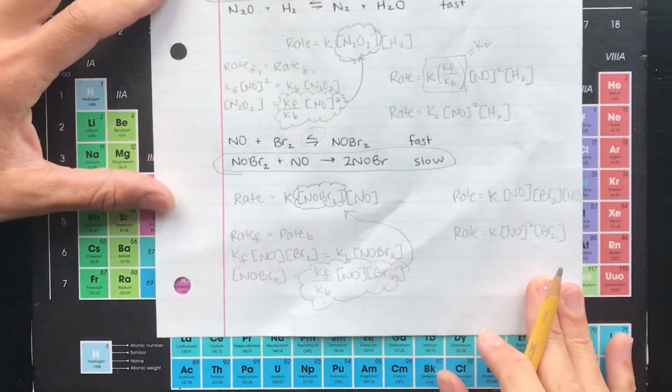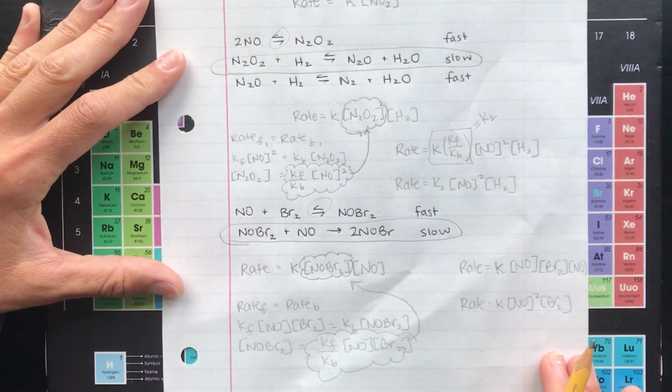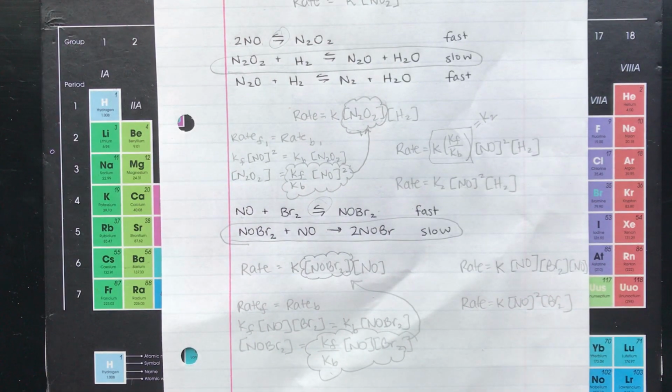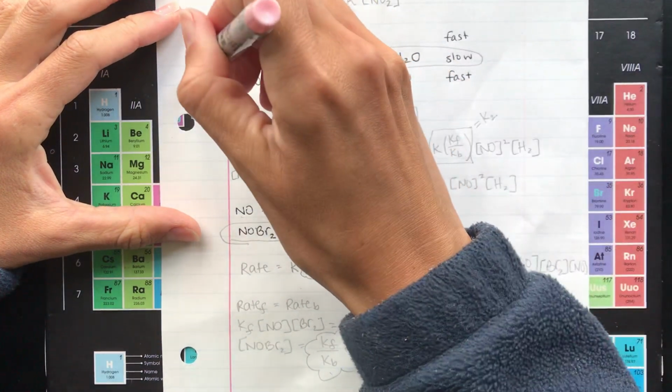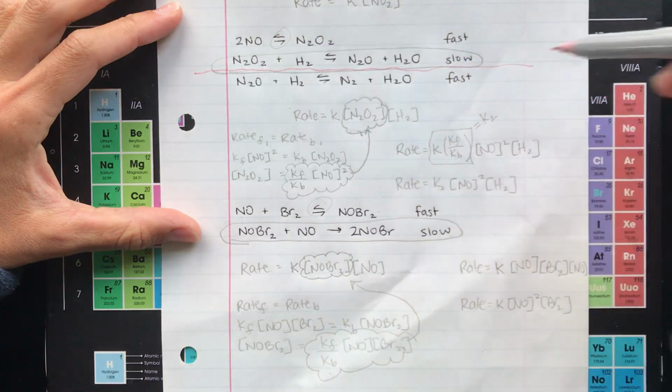Before I do the third one, actually, let me just show you the shortcut. If you look at these two that I just did, what you might notice is that the rate law just includes all the reactants up to and including the slow step. Let me show you what I mean. For this one, stop at the slow step.